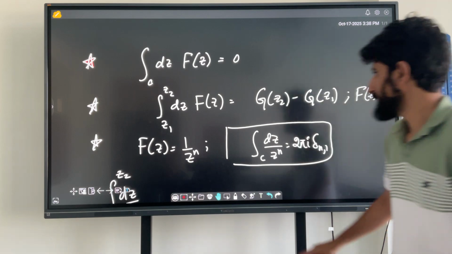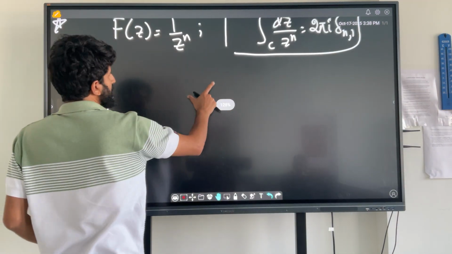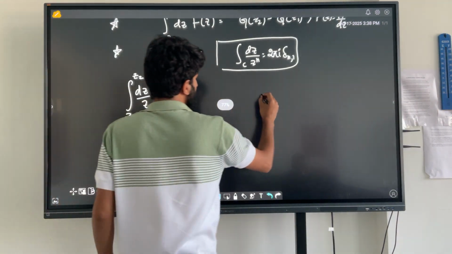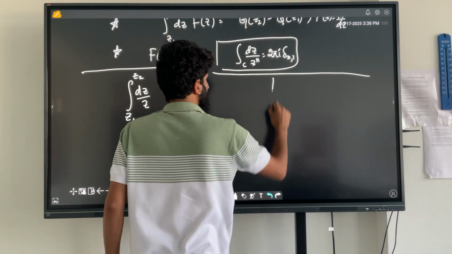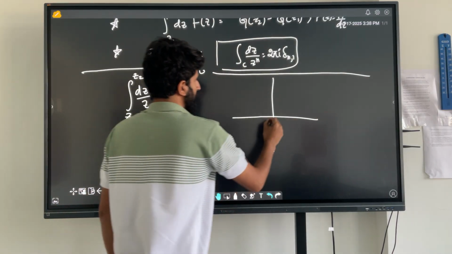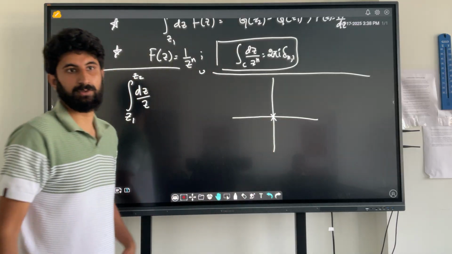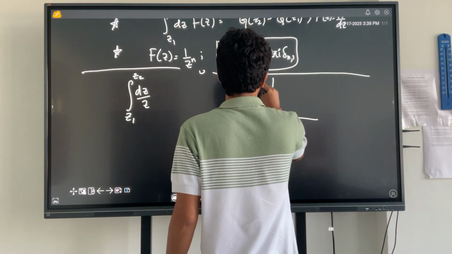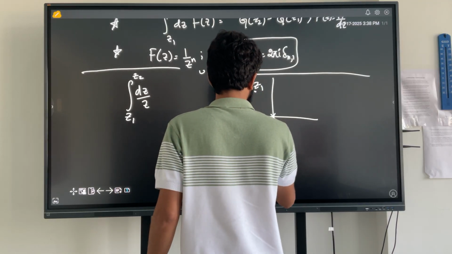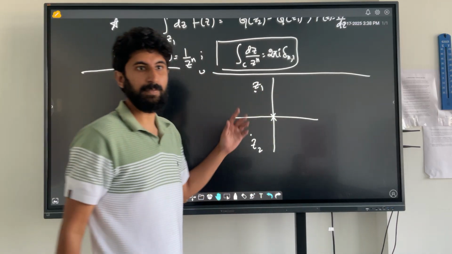Which point? It is the point at z equal to 0. This is some new stuff. And let's say my z1 is here, and my z2 is here.